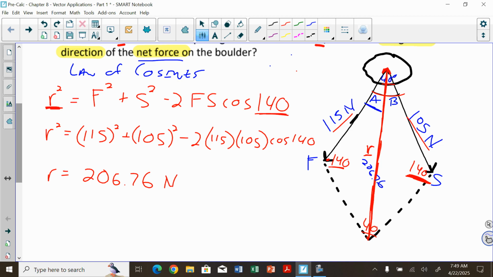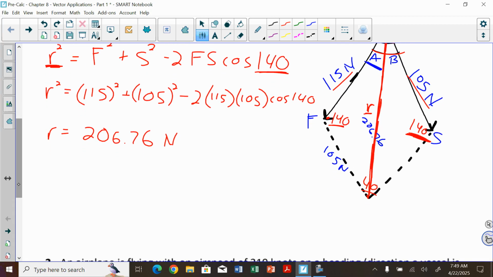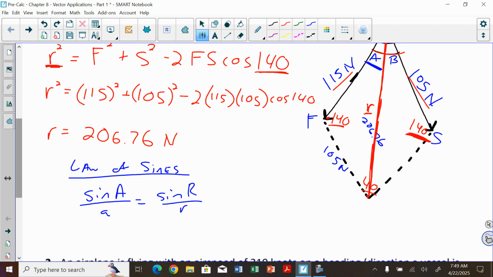this first angle here. We'll call it angle A. Because it's 115, we know this is 105, because opposite sides of a parallelogram have to be equal. So now I can use law of sines here. I can say the sine of A over A equals the sine of, well, we use R, I guess. We'll use sine of R over R because we already found that information out.